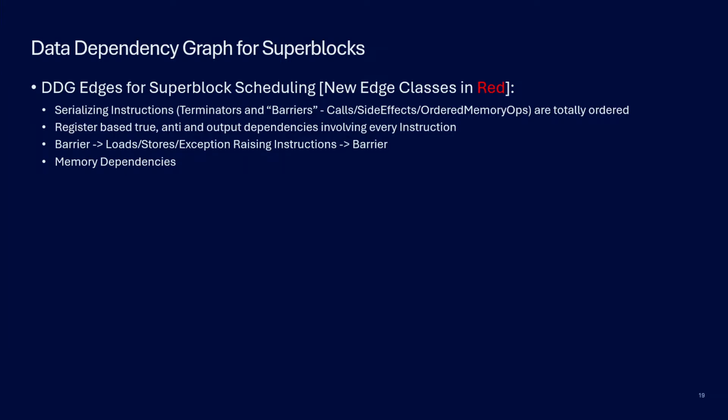In addition to the usual register based dependencies, flow and anti dependencies, we have some instructions called serializing instructions. Like Jayashree was talking about consistency models and all, memory consistency, right? Some instructions are called synchronizing instructions. Okay, and we shouldn't reorder them.